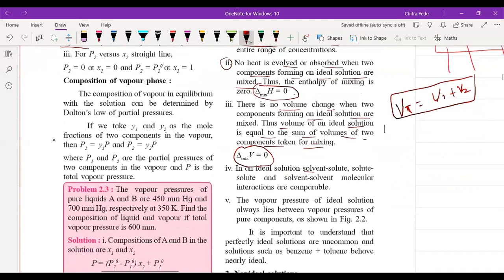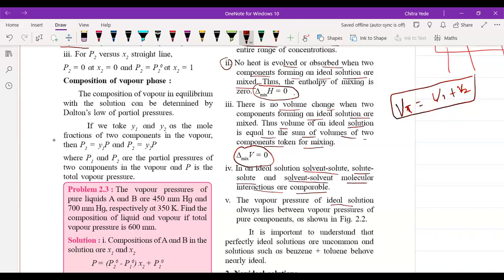Fourth condition for an ideal solution: the solvent-solute, solute-solute, or solvent-solvent molecular interaction is comparable. Their interactions are comparable, meaning they interact in such a way that no heat exchange takes place and no volume changes.